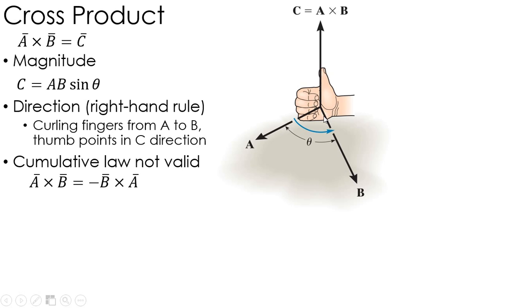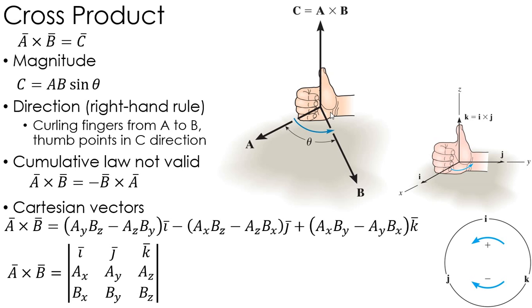So A cross B actually equals negative B cross A. Keep that in mind. The order of this cross product is very, very important, otherwise you're going to be getting negative answers when you take these cross products.